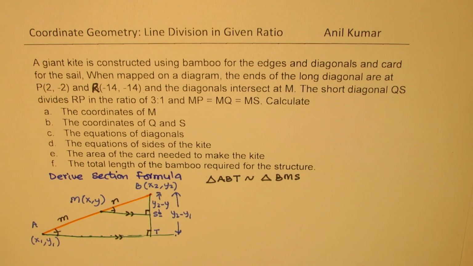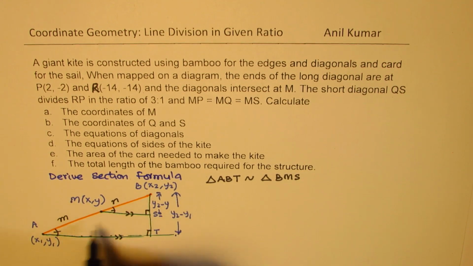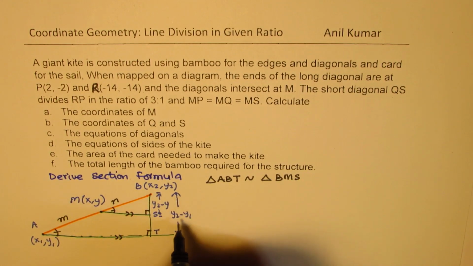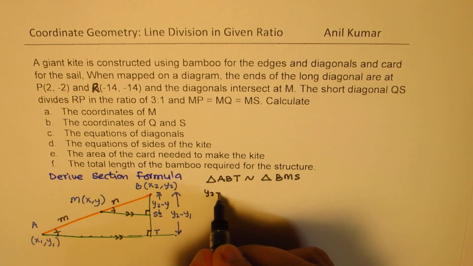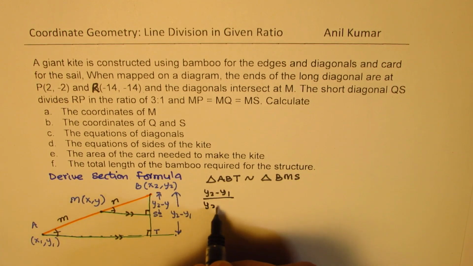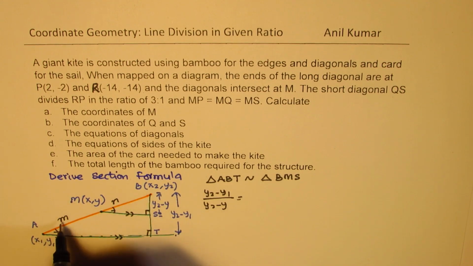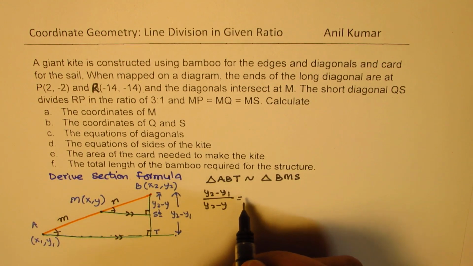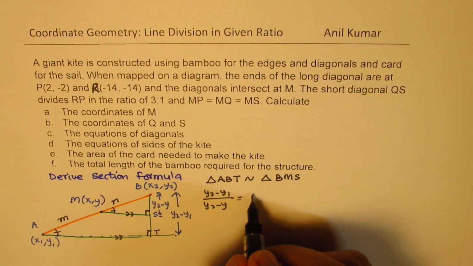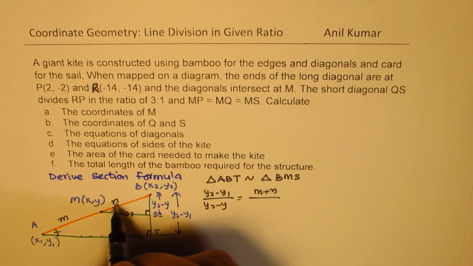So from here we can write that the ratio of their sides is constant, or we can say (y2 minus y1) over (y2 minus y) is equal to, now the combination is m plus n. So the big triangle will be m plus n, and the small triangle side is n.